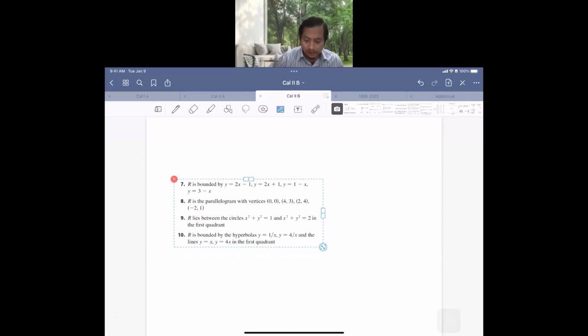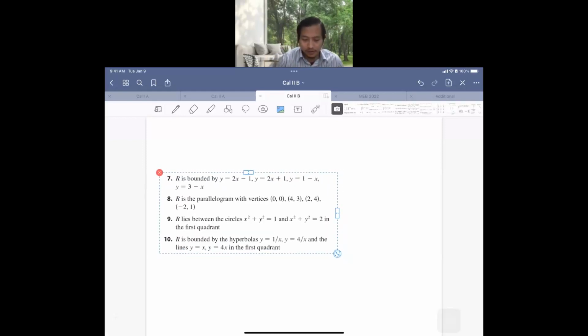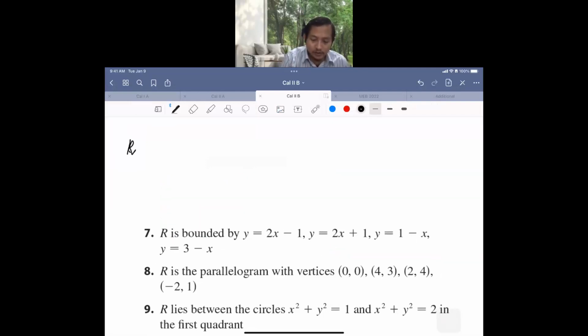Okay, I forgot to mention the question. So the question is, let me write it. Region R in the XY plane is given.